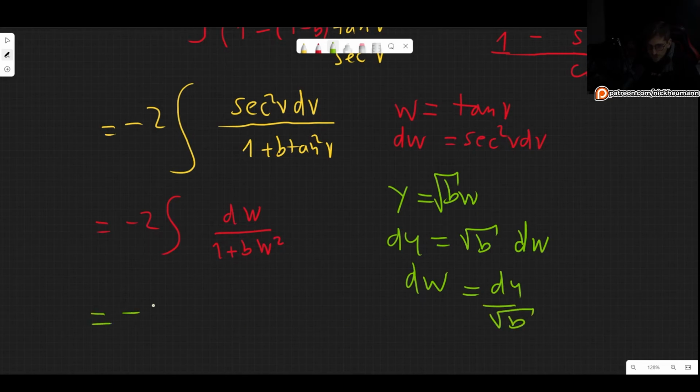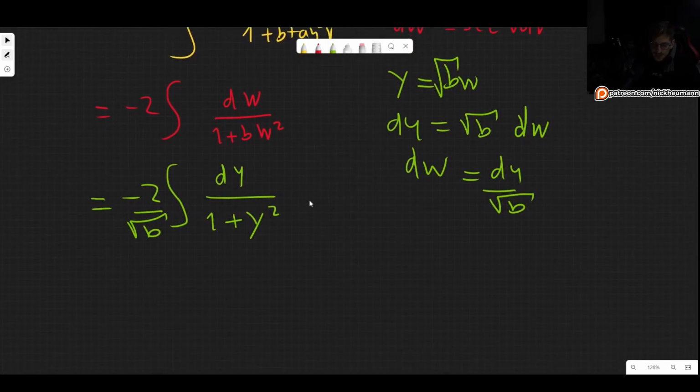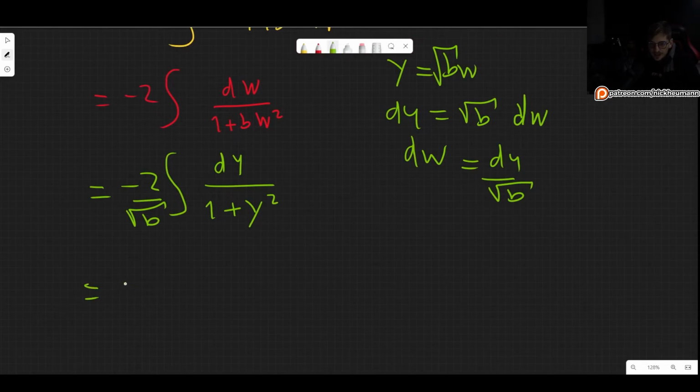So by having this, we get minus 2 integral of dy. We can put the square root of b outside. And then we have 1 plus y squared. And there we go. This is easy. This is the arctangent of y.